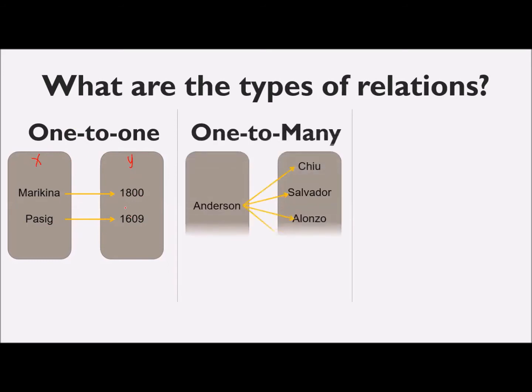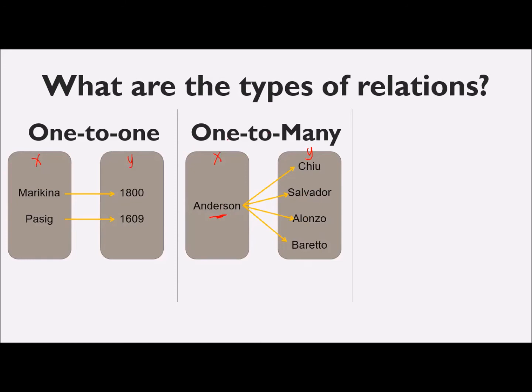Okay? Next, ganun dito sa one-to-many. This is the value of x and these are the values of y. Anderson paired up with Salvador, Anderson paired up with Alonzo, Anderson, and then Barreto. So, ibig sabihin, kada isang value ng x naka-paired up sa maraming value ng y.